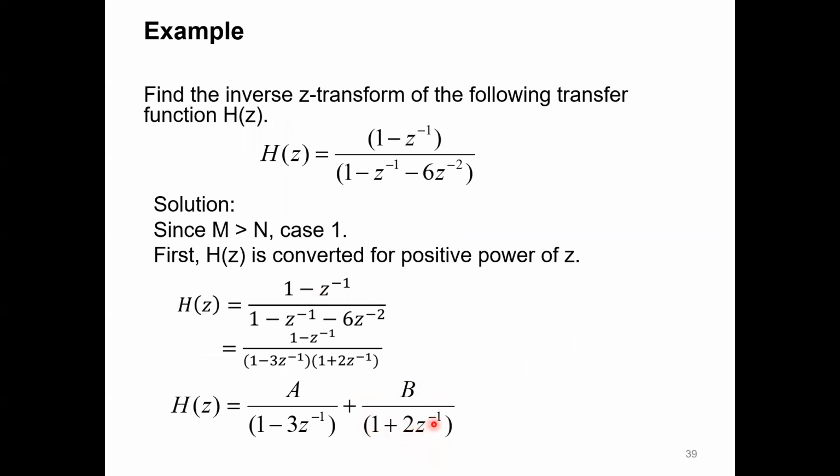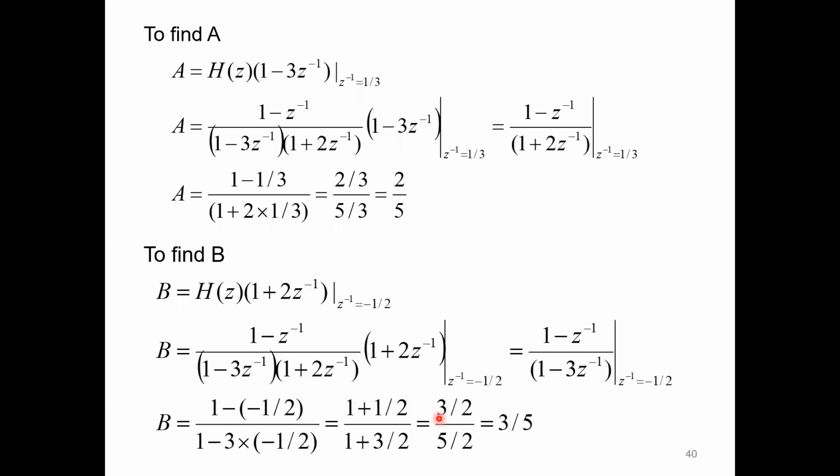So what you need to do is multiply H(z) with this term and substitute for z^-1 minus half, because when you set this to 0, z^-1 is minus half. You put it over here, and your result is 3 over 5.